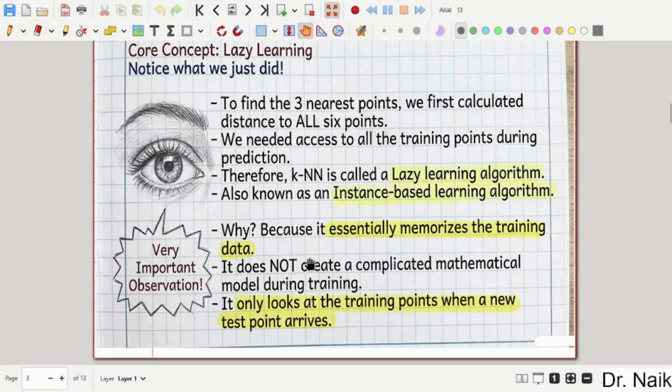It is essential to memorize the training data, and it does not create a complicated mathematical model during training. So for calculating the distance between the test point and a training point, KNN needs to memorize the training data, and during that process it does not create any mathematical model, but instead it looks at the training points when a new test point arrives.